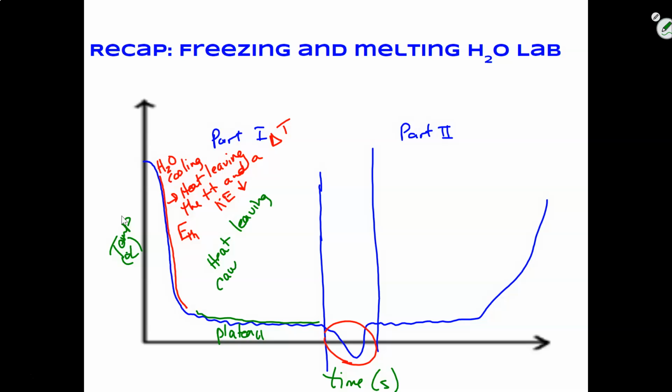So this causes particle attractions to form, and we go from a liquid to a solid. We call this energy phase. That's where it's being stored now, as that heat is leaving there, and it's changing to a solid. This would be the freezing part.